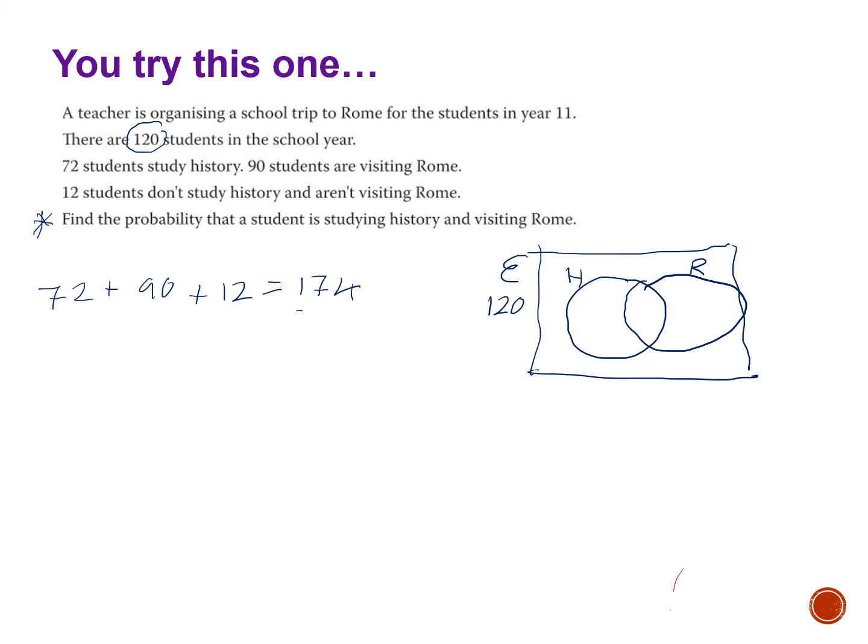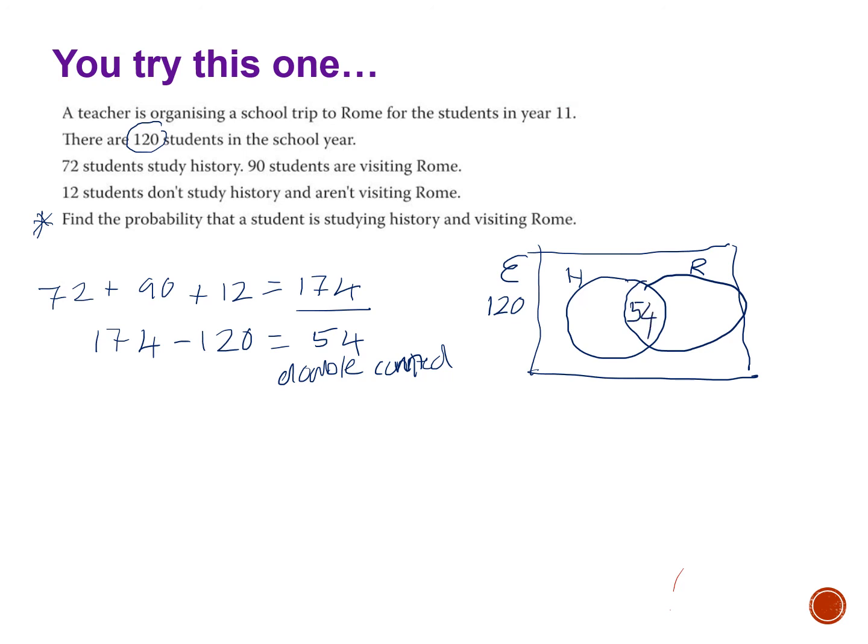So remember, we used that to work out how many of them we had double counted. There should be 120 students, so if I do 174 minus 120, that tells me that I've got 54 double counted, or I've counted twice. Okay, double counted, sorry, that's my writing. So those 54 go in the middle.